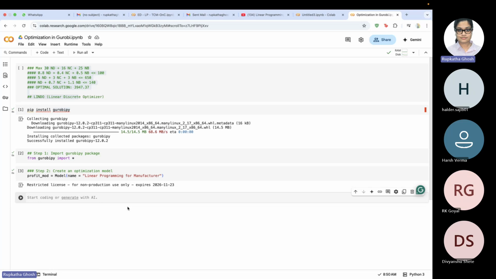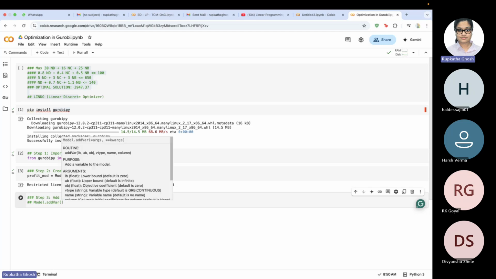Now, step 3 is you add the decision variables. What is the syntax of that? You basically write model dot addVar. See, the moment I put a bracket, it is already telling me what I have to specify.